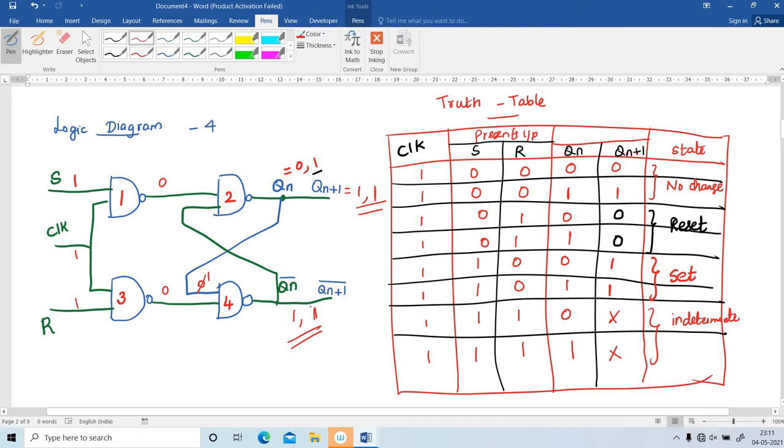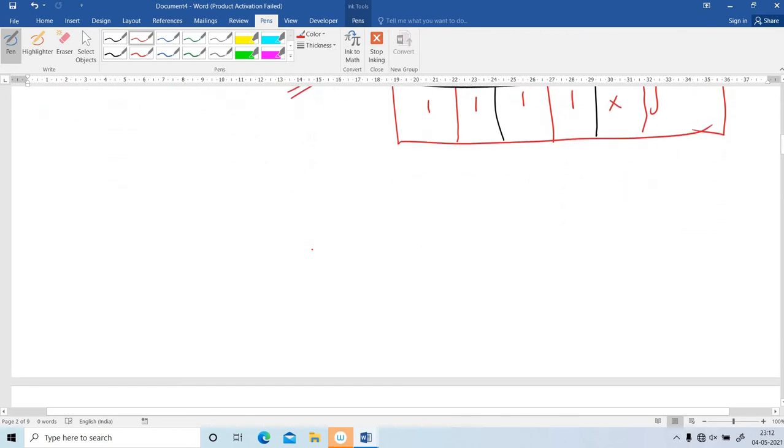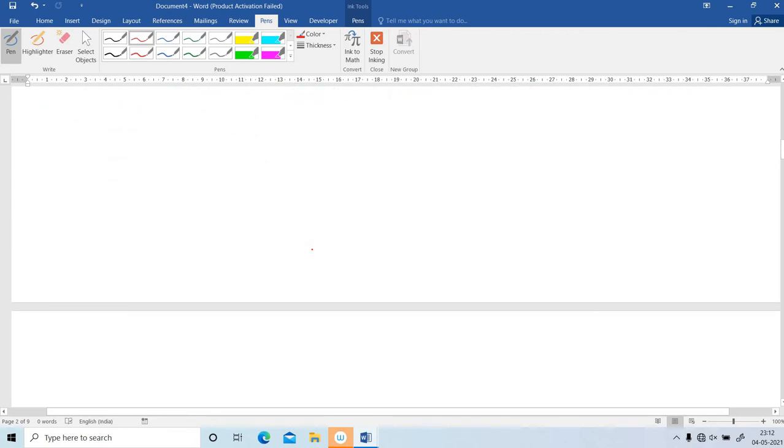So these are about the truth table for SR flip-flop. After completing the truth table, what do I have to do? K-map simplification.